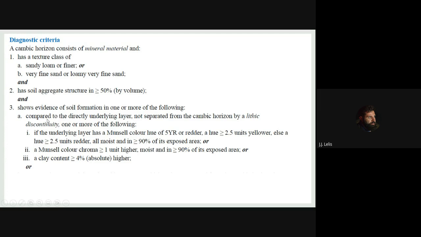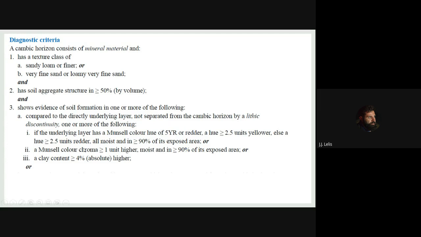Comparing with the directly underlying layer, not separated from the cambic horizon by a lithic discontinuity, it should follow one of these properties: present a color that's redder, so a more intense color compared with the C horizon or with the parent material, because the cambic horizon produces and possesses a specific and particular color, okay?